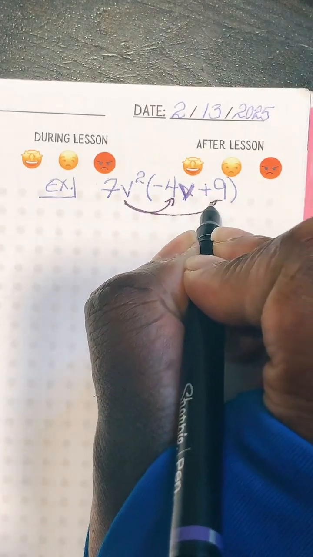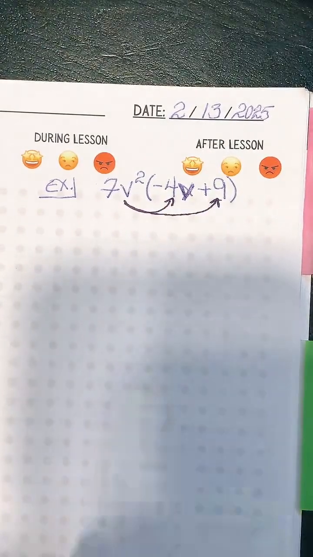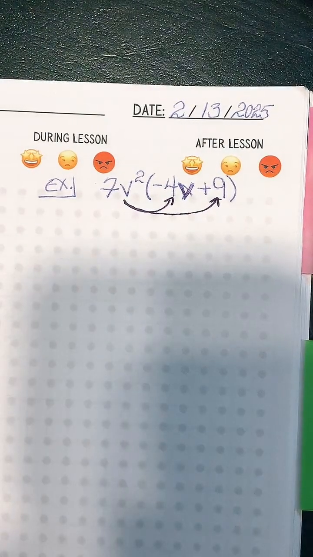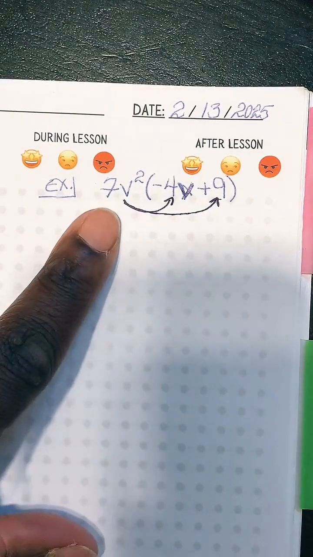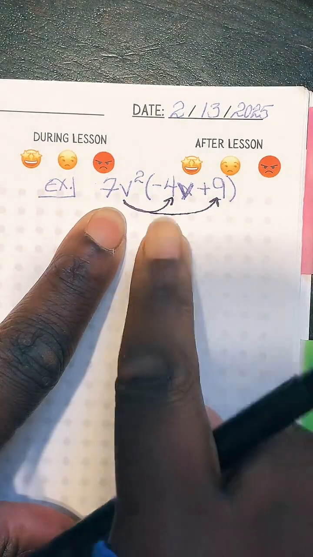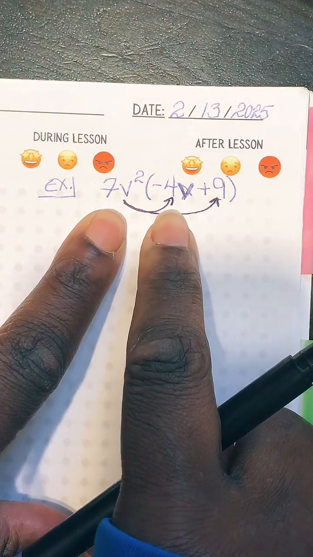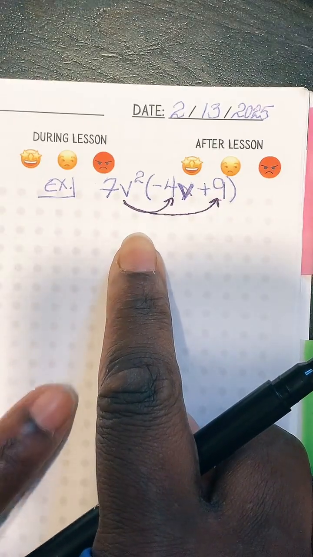So when we distribute, we are distributing our piece of candies to all our friends. Right now we just got 2 friends that are there. So when we distribute 7v squared times negative 4v, what do we get as a result?